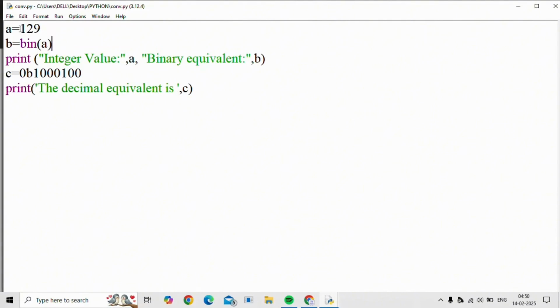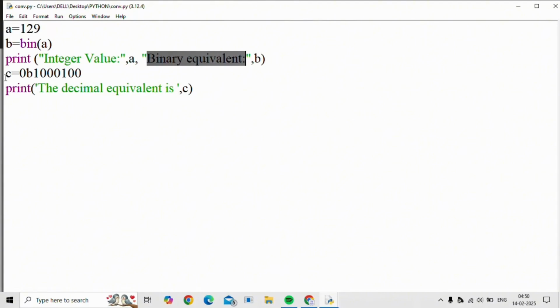To convert this value into a binary value, I have to use the function bin. The binary function contains a single argument. The argument is the variable A. Finally, the result will be stored in the variable B. We display the results. Integer value, it is 129. Its binary equivalent will be displayed in the output.